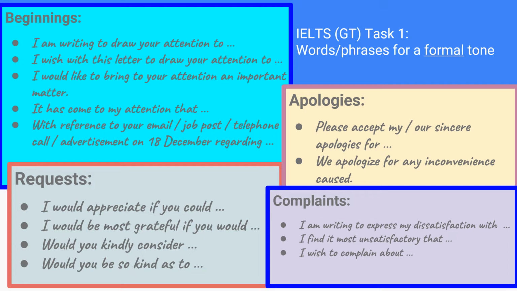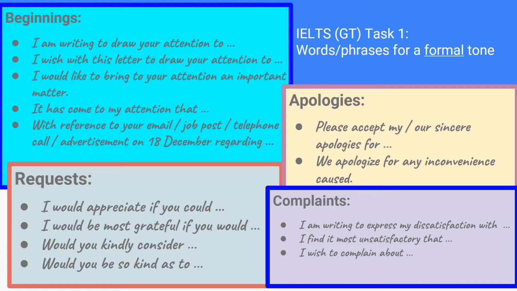Here are some examples of words and phrases you can use for beginnings, requests, apologies, and complaints that will convey a formal tone. So let's do a short writing exercise at this point. In the previous slide, you saw a writing task where you were asked to write to the accommodation officer at your college to explain a troubling situation with your roommate.